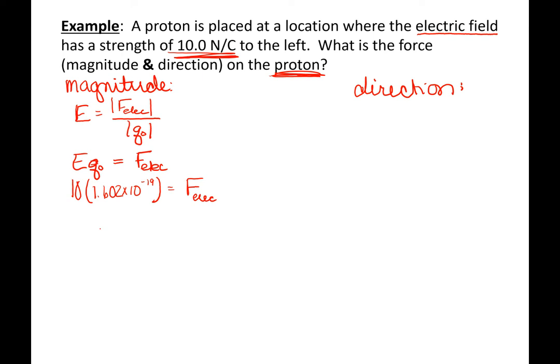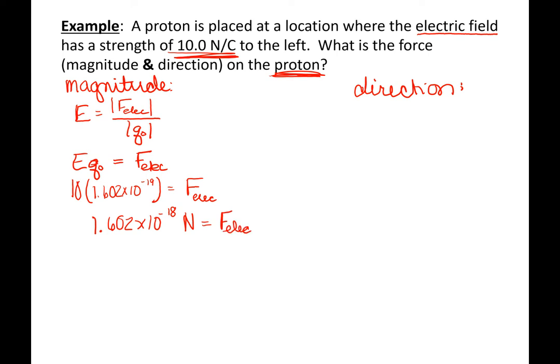And since all I have to do is multiply by 10, that just changes the exponent. So that would be 1.602 times 10 to the negative 18th newtons, the units of every force. So we're all set there.